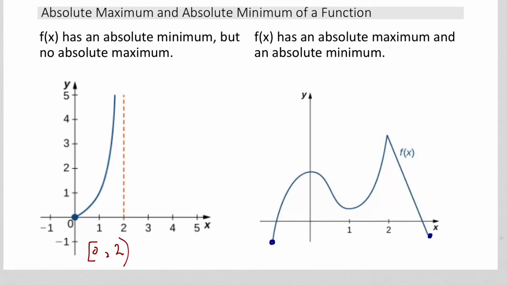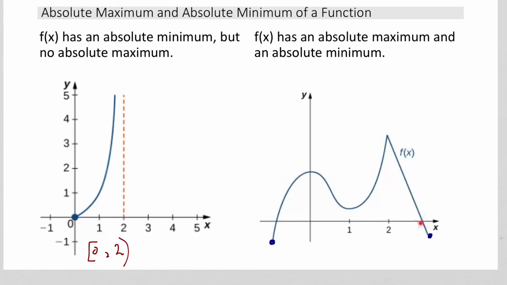So if I look for an absolute minimum value, I can see that I do have an absolute minimum value here, but I don't have an absolute maximum value because this end of the graph approaches positive infinity as x approaches 2, so I'm never going to actually reach a value that we can classify as the maximum value. So this one only has an absolute minimum.